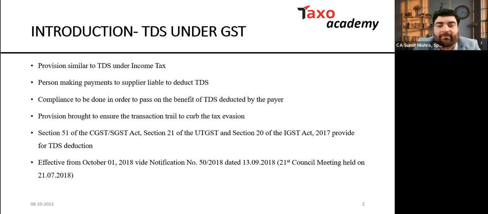Similarly, in GST, I am a supplier of goods or services. If I am supplying any goods or services to a person, let's say A, for example services of rupees 100 and charging tax of 18 rupees, 100 plus 18, 118, I am sending an invoice of 118.